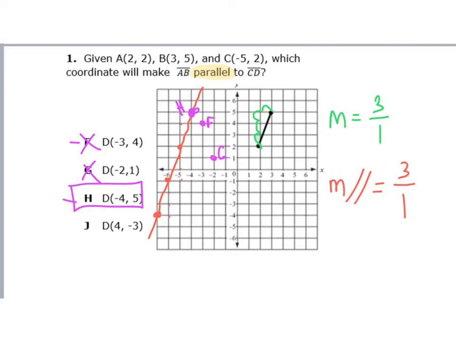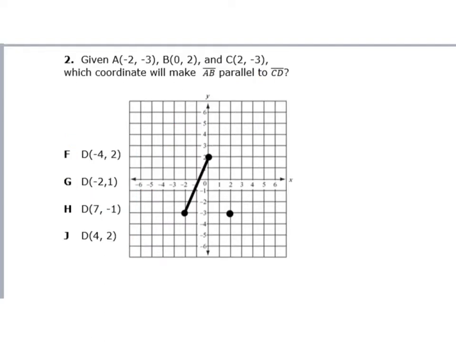All right, let's look at number 2. Same thing. It's the same type of problem. I need to look at the slope of my given segment. So up 1, 2, 3, 4, 5. My slope has a rise of 5 and a run of 2. My parallel slope then will be the exact same slope, 5 over 2.